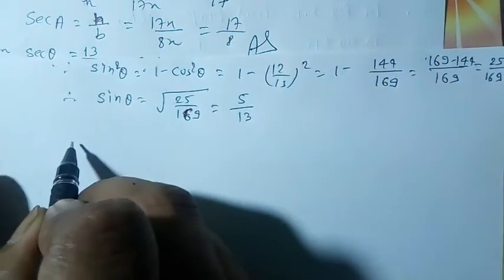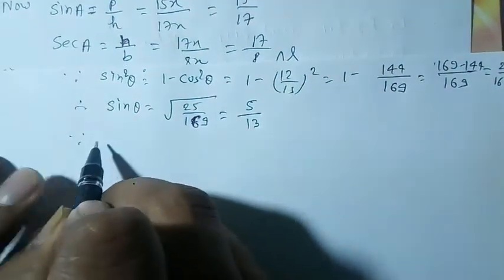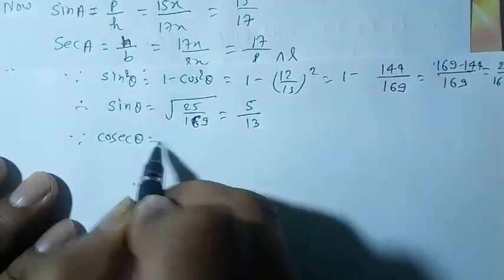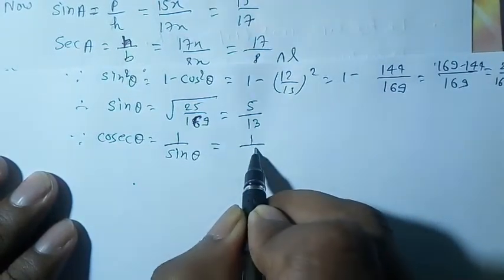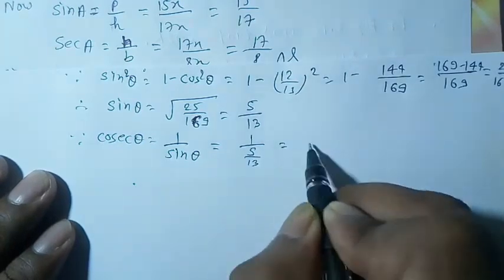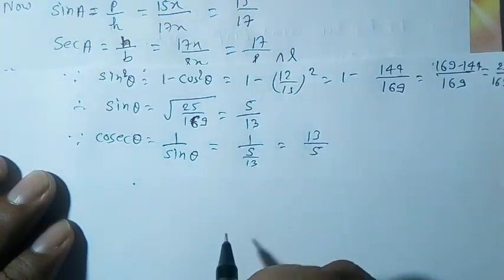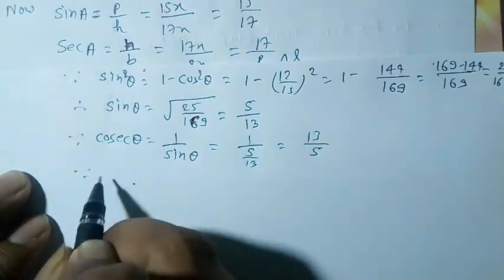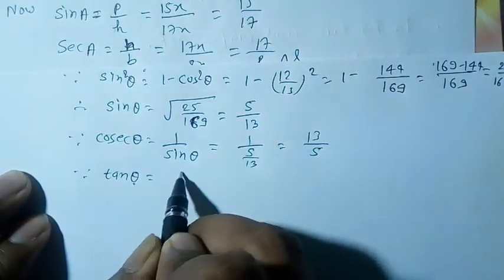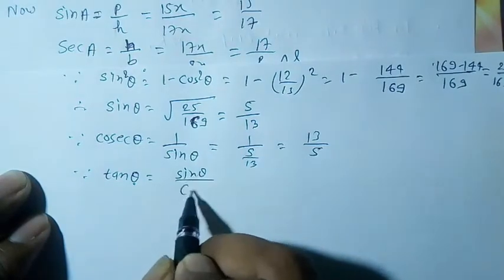Next, cosec theta is equal to 1 by sin theta, which is 1 by 5 by 13, equal to 13 by 5. Now, tan theta is equal to sin theta by cos theta.